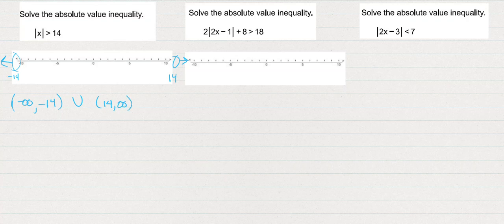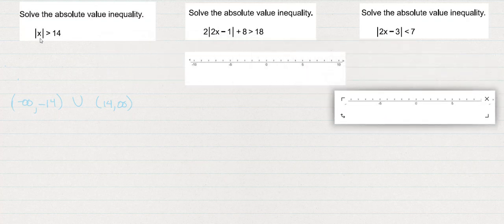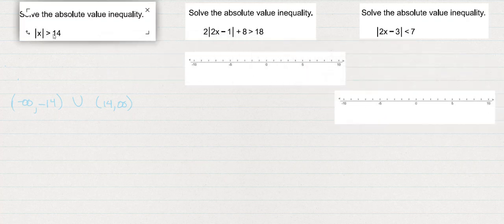And again, I can't stress enough how important it is to focus in on what the absolute value means. The absolute value means a distance from 0. So when we're looking for the absolute value greater than 14, we're looking for all the x's that are more than 14 units away from 0.